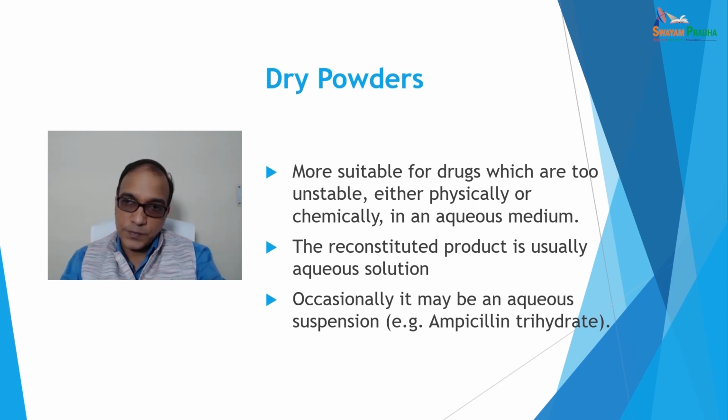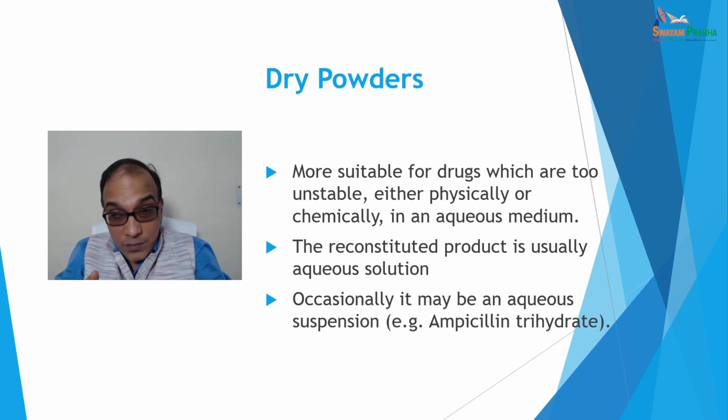Dry powders. These types of preparations are more suitable for those drugs which are too unstable either physically or chemically in an aqueous medium. The reconstituted product is usually an aqueous solution and occasionally it may be in aqueous suspension form. Say for example, ampicillin trihydrate.